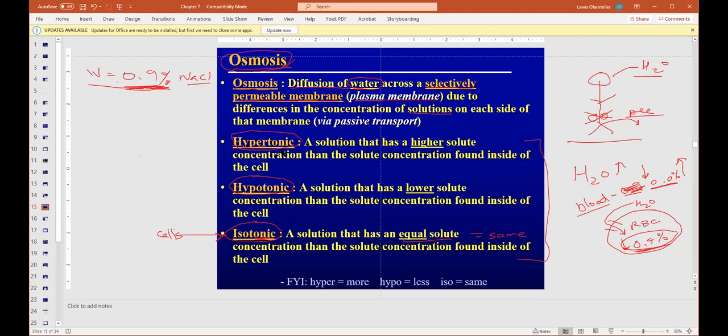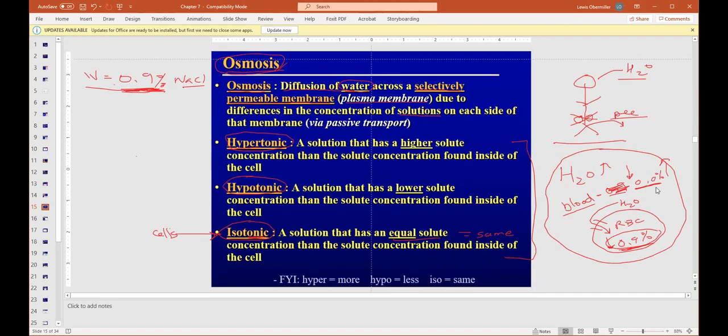So make sure you guys know these terms: hyper, hypo, and iso. And remember, this condition right here, where the salt concentration is lower on the outside than the inside, is hypotonic, lower outside. This is higher outside.